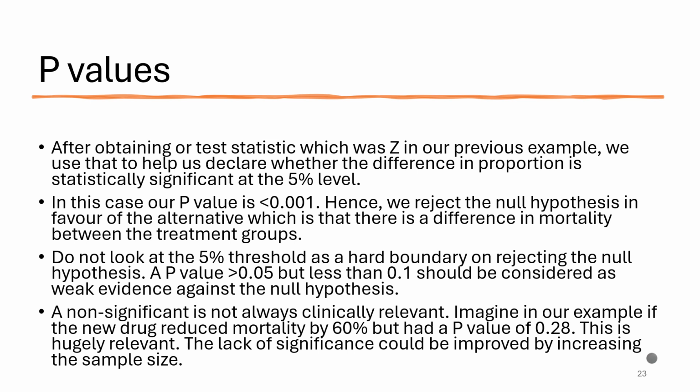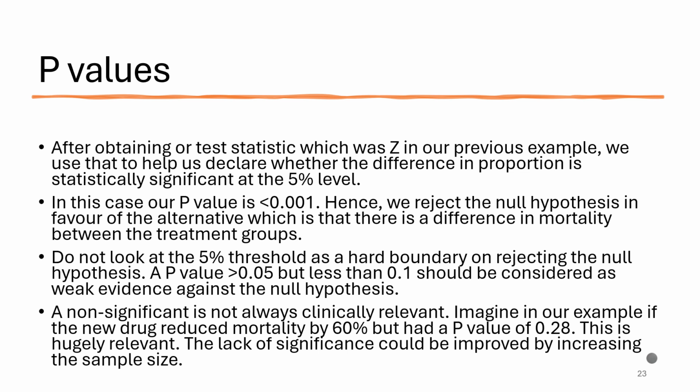No, the 5% threshold is not like a hard boundary. We would advise that anything that's below 0.01, you consider it as some evidence of an association of any kind, right? So some weak evidence to reject the null hypothesis between 0.05 and less than 0.1. See? So that's just something to note.